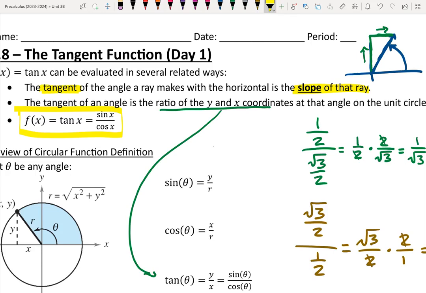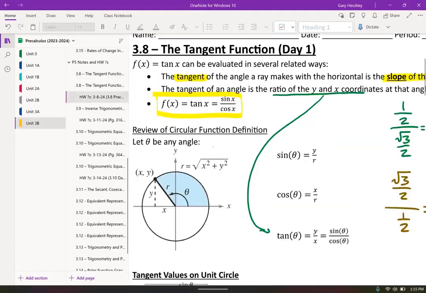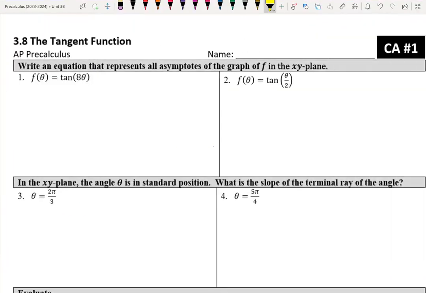So when they say find the slope of the terminal ray, it's just asking you to state what the tangent of that angle is. Okay? It's a weird, interesting way of just saying what is the tangent of that angle.